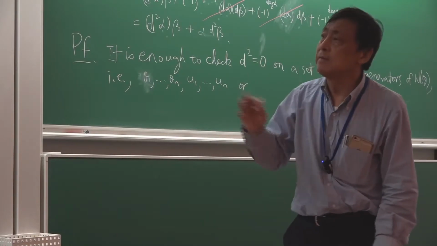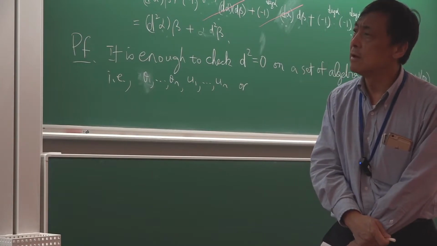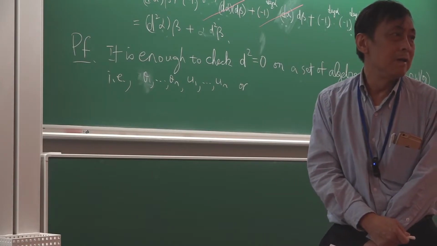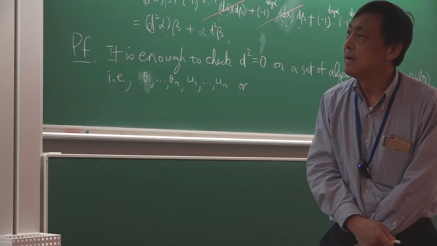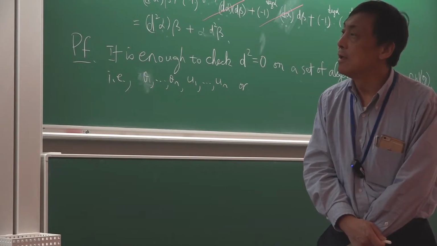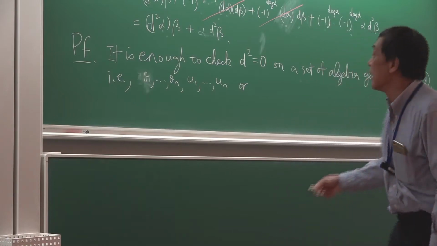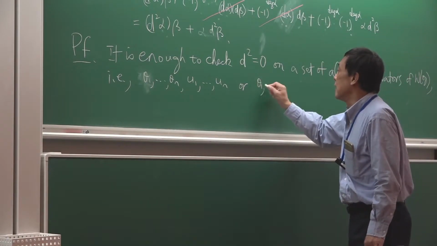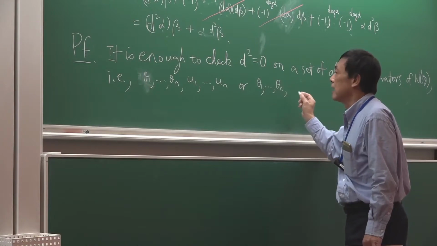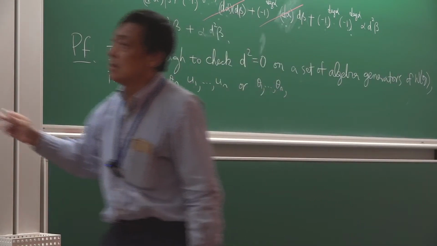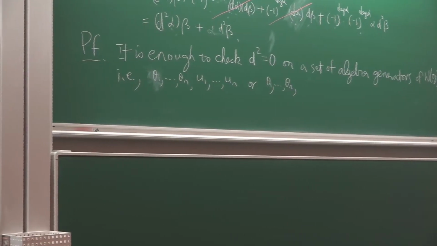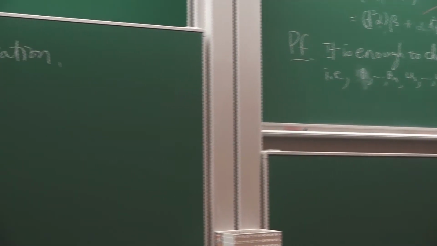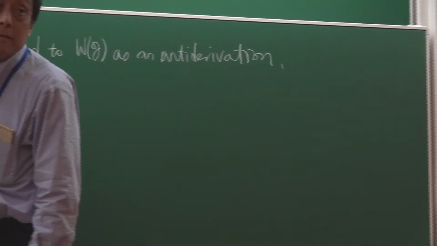Okay. What's another set of algebra generators? Instead of u1 to un, I can also use what? You see, instead of u1 to un, I can write the u's, right, in terms of d theta k and thetas, right?